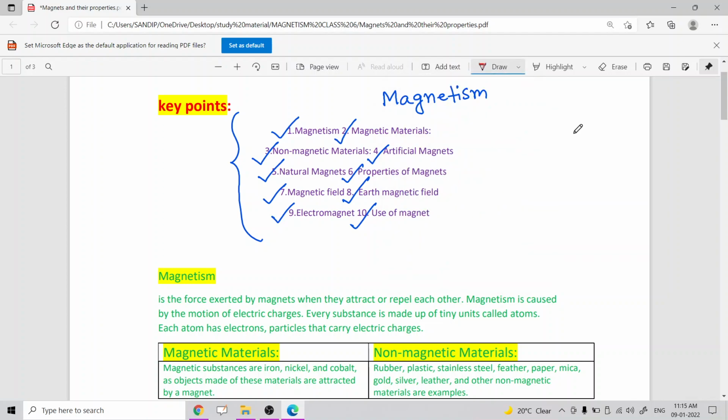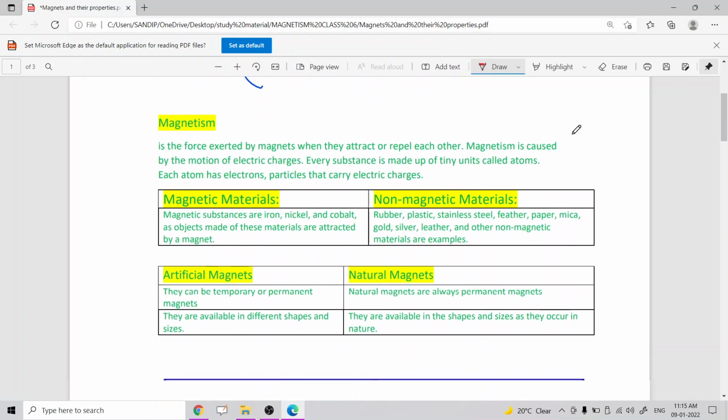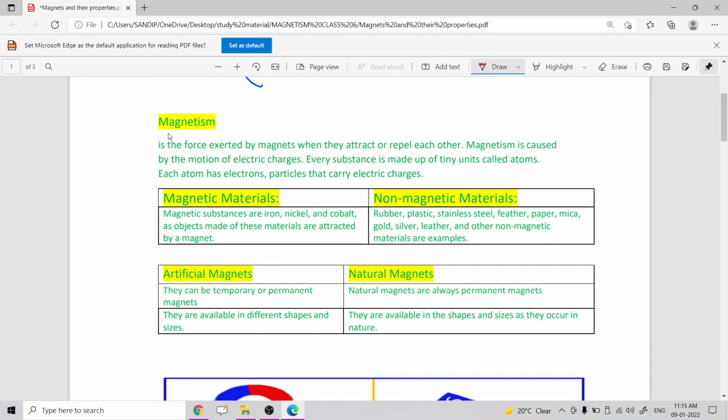First of all, the first question is what is magnetism. Magnetism is generally a force exerted by magnets when they attract or repel each other.